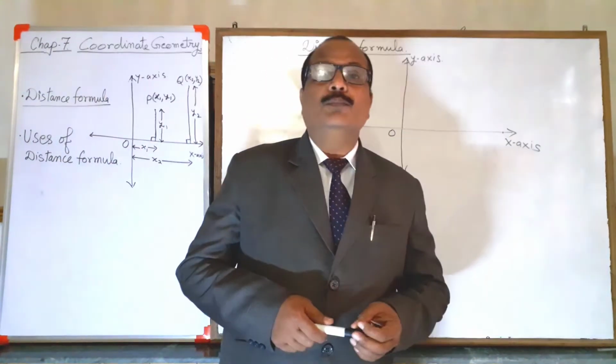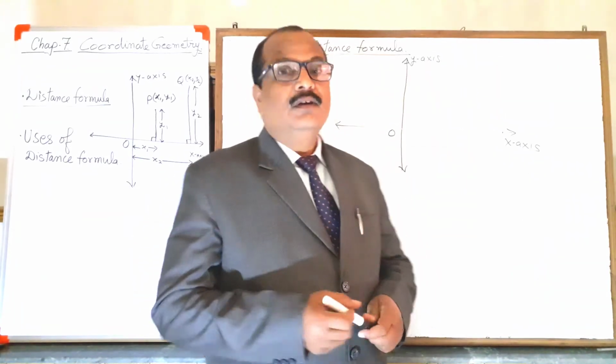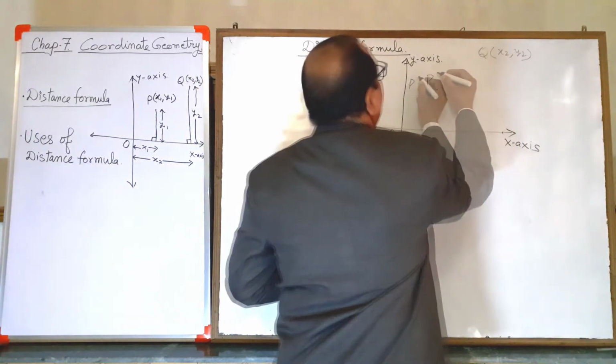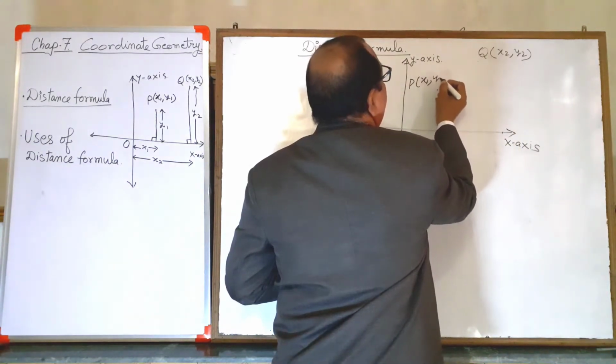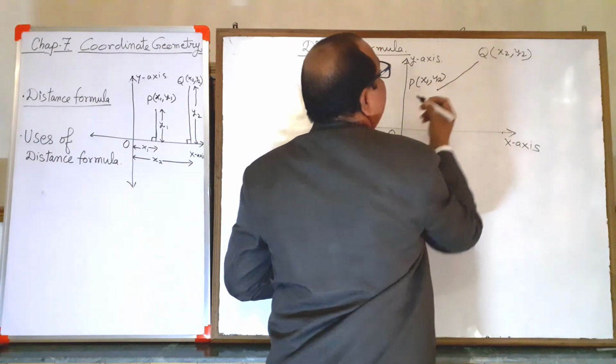Students, suppose there are 2 points in Cartesian plane. One point is P. We want to find the distance between these 2 points.